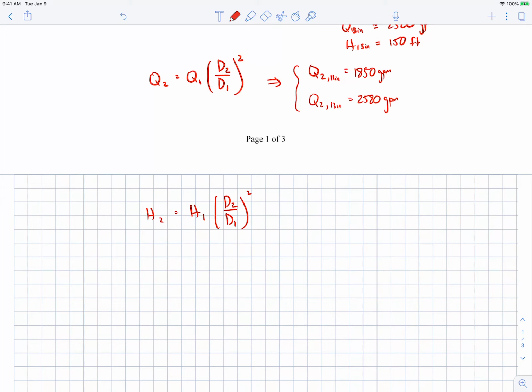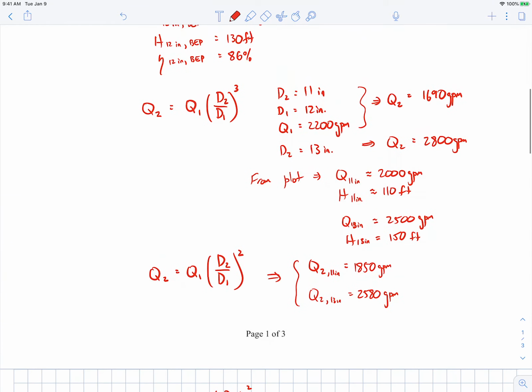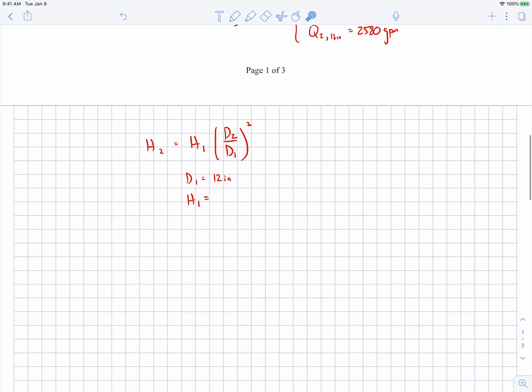And again, if we go ahead and use the values for D1 being the 12-inch diameter and H1 being the 130 feet right up here, we got those from the plot, and we use that scaling rule.